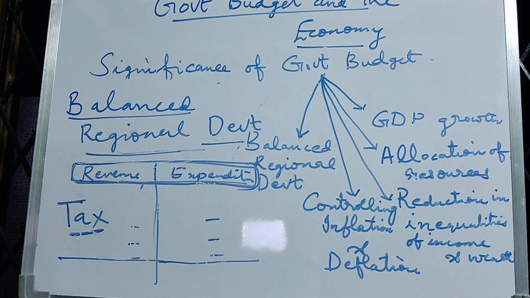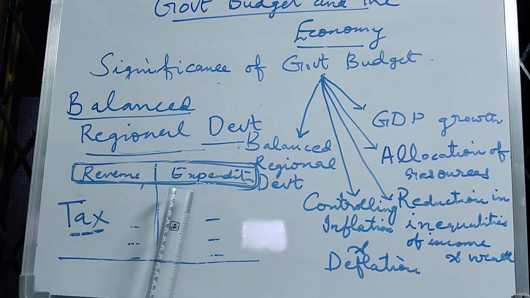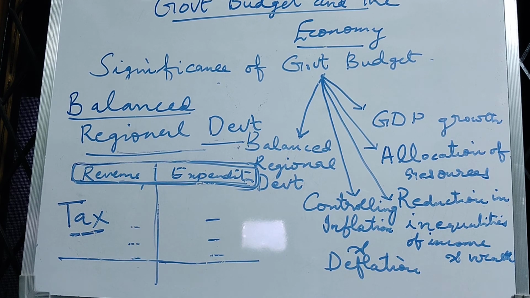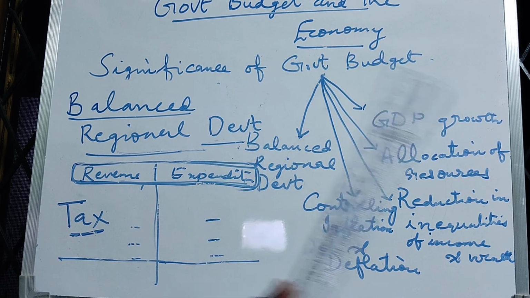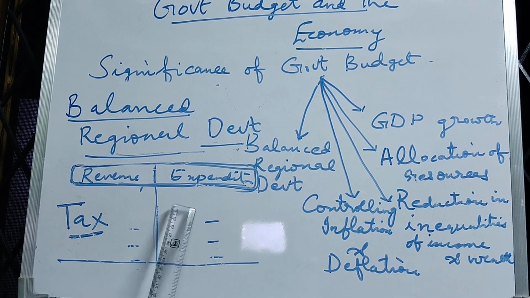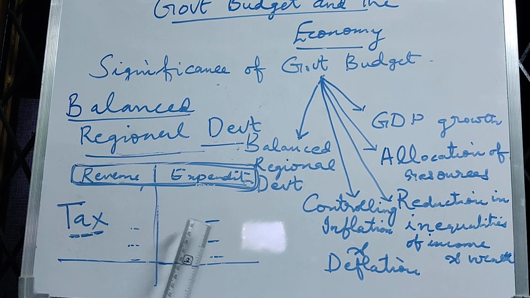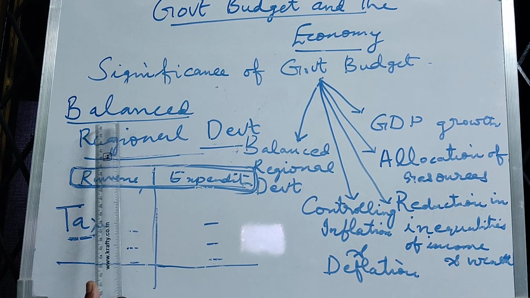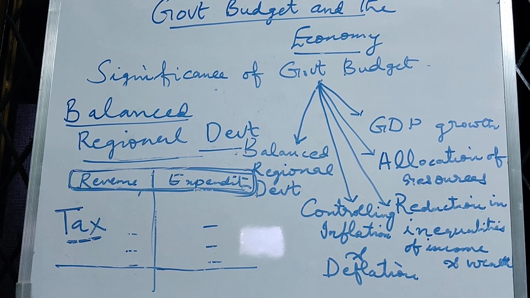So the government selects backward regions to spend its money on, and more and more money is spent on developing the backward areas. The government even provides subsidies to those entrepreneurs who start their business establishments in the backward regions. All these types of expenditures help in the development of the backward regions and fulfill the objective of balanced regional development.